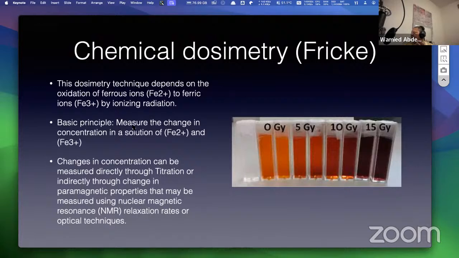So the basic principle is we will measure the change in concentration of Fe2+ and Fe3+ in the solution. We can measure these changes directly through titration, or indirectly through, for example, changes in paramagnetic properties that may be measured using nuclear magnetic resonance, or maybe using some optical techniques.